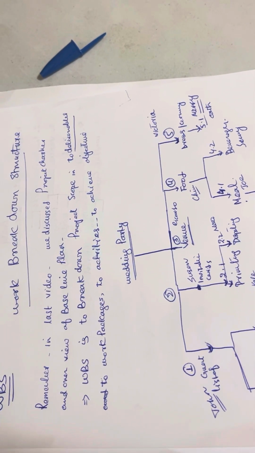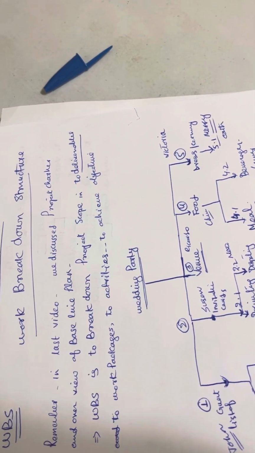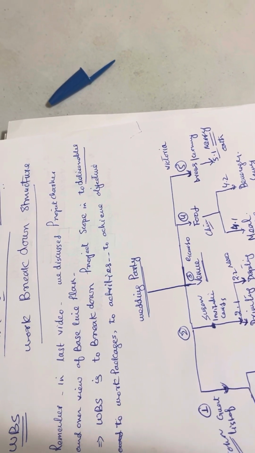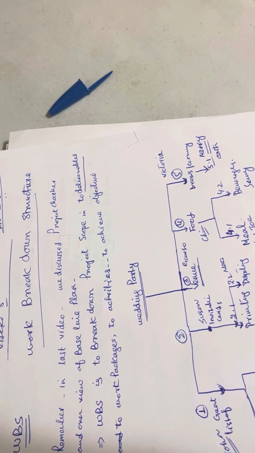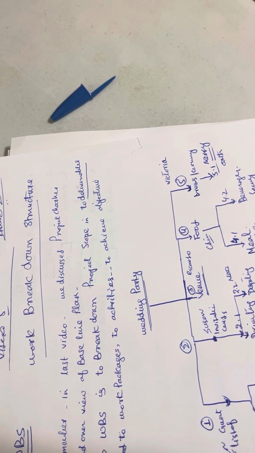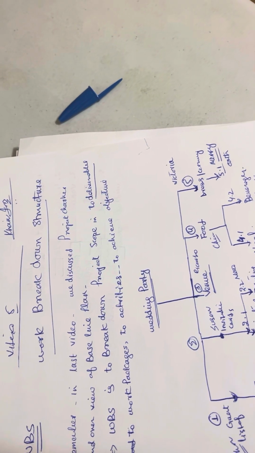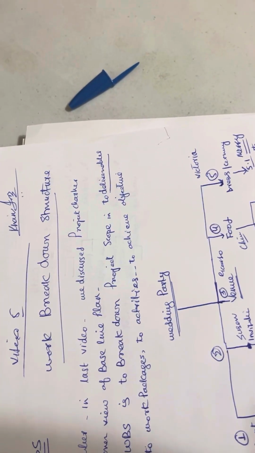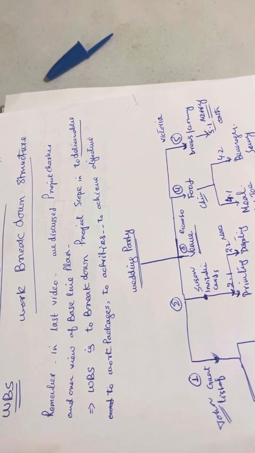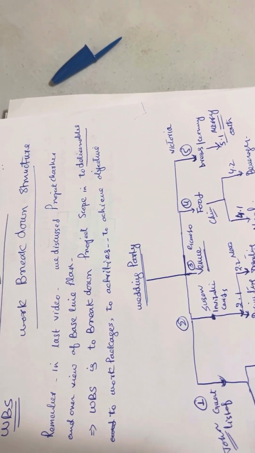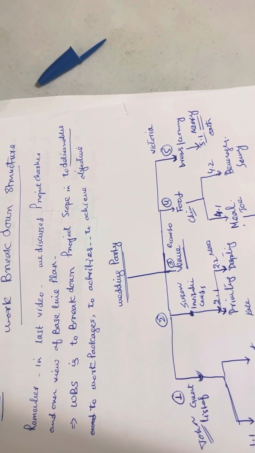It's the breakdown of the project scope into deliverables, then those deliverables into work packages, and further into activities. The purpose of the work breakdown structure is to make it easy to manage properly.